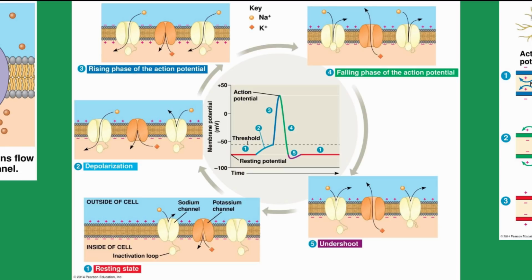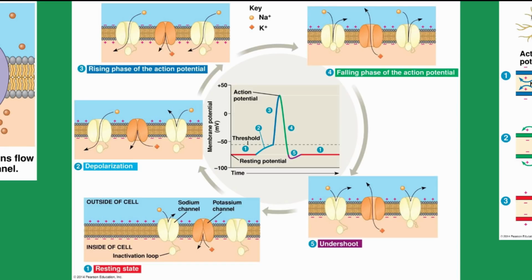We spent a little bit of time in class going over the action potential in neurons, so I think this is probably a good idea to look back over. Remember, it is all due to the membrane potential, with the sodium ions being at a high concentration outside the cell and the potassium ions being at a higher concentration inside of the cell. This is due to the action of the sodium-potassium pump.